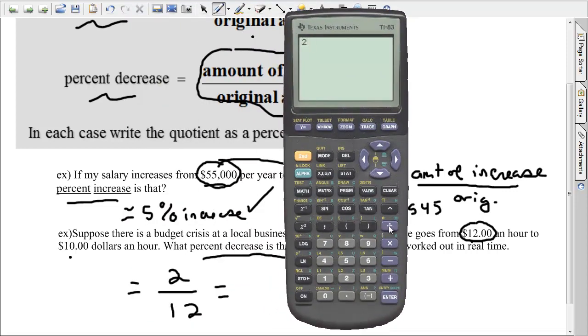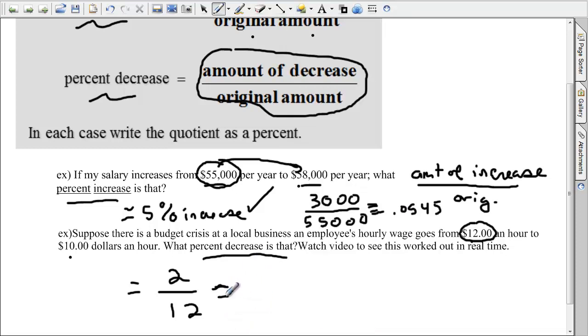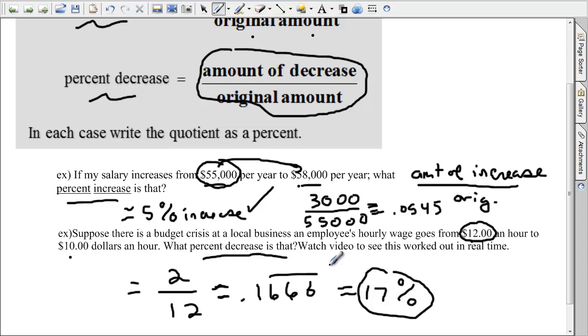So 2 divided by 12 is really close to 17%, approximately 0.16666. So rounded, it's 17%. So again, we're looking for the percent decrease.